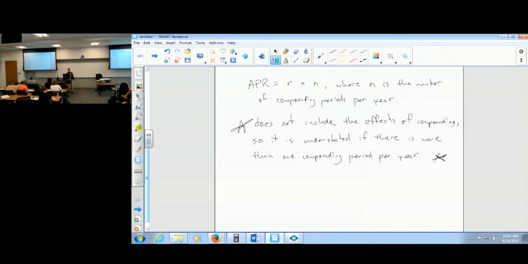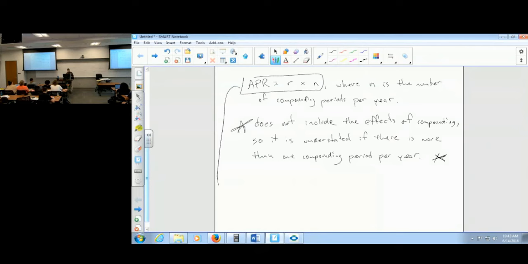All right, while we're on APR, it's also worth noting if we take this definition of APR, we can rearrange it and solve for the periodic effective rate if we're given the APR and the number of compounding periods per year, which is often what's going to happen when you look at a consumer loan, right? You want to find out what the effective rate per period is. They give you the APR and the number of compounding periods per year.